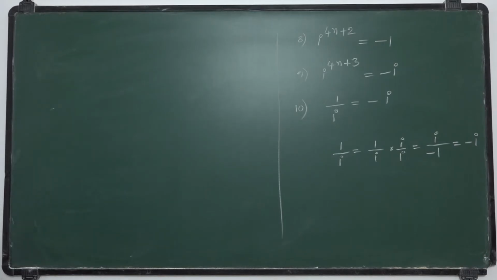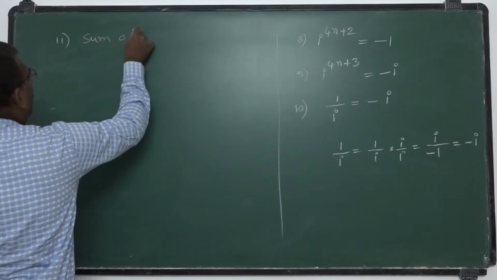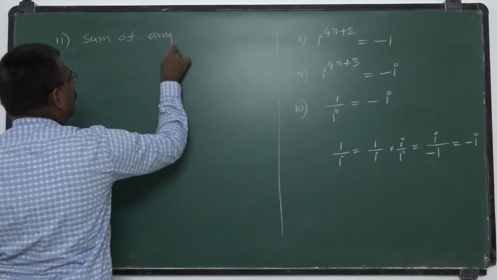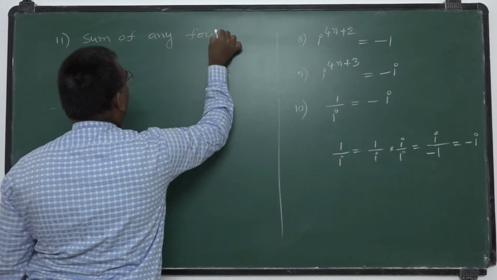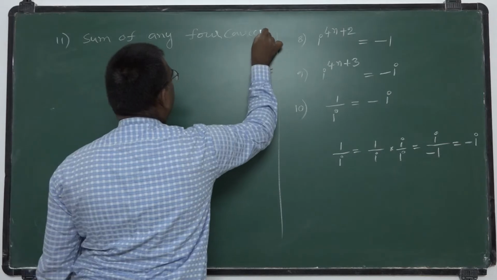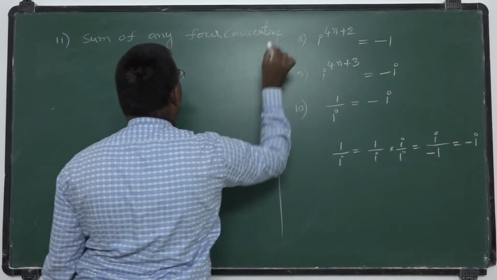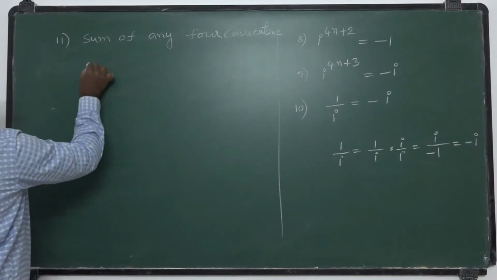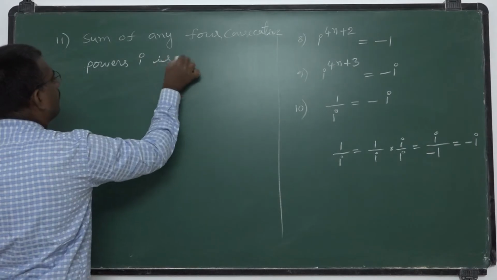So, next point, the sum of any four consecutive powers of i is always equal to 0.